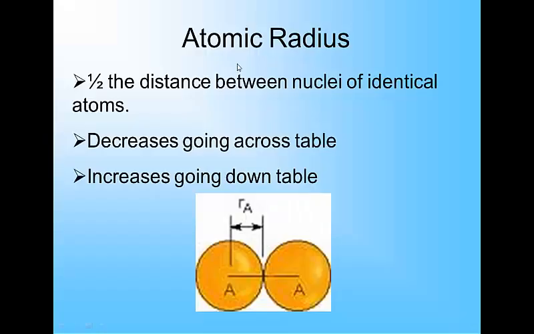Atomic radius is half the distance between the nuclei of identical atoms. And the reason it's that way is because atoms don't have a defined edge. Radius is measured as half the distance between nuclei. So they measure the distance between two like nuclei and then cut it in half. The trend for atomic radius is that it decreases going across the table, increases going down.